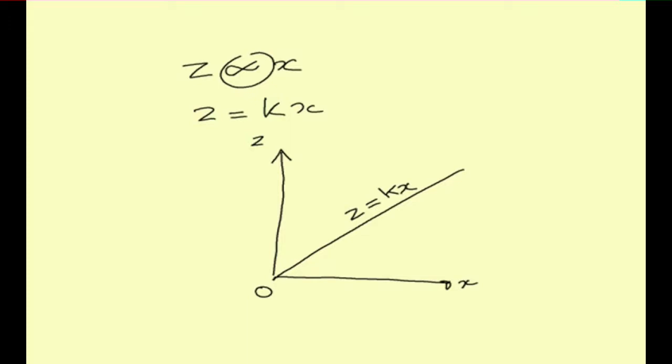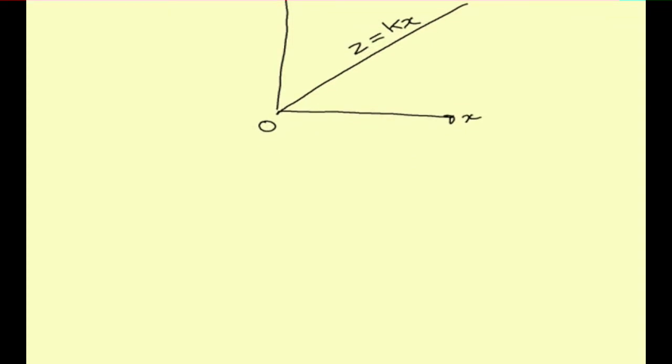We replace this alpha sign with an equals k, where k is a constant of proportionality. So when we graph that, it's a straight line which passes through the origin. So when we double the value of x, we double the value of z at the same time.